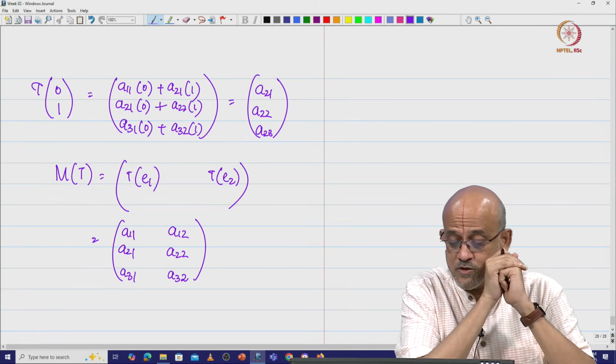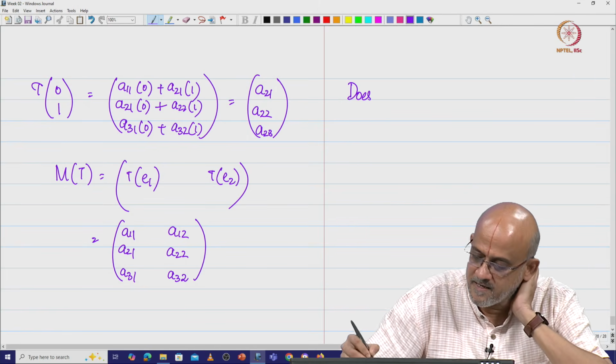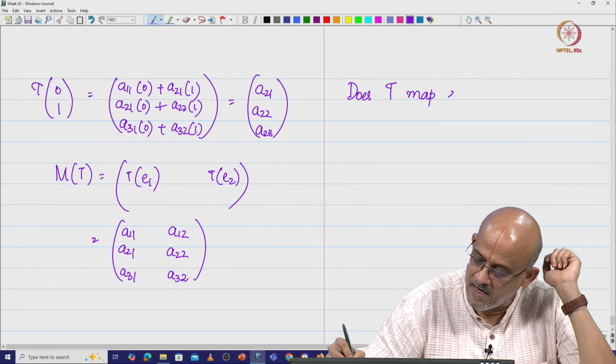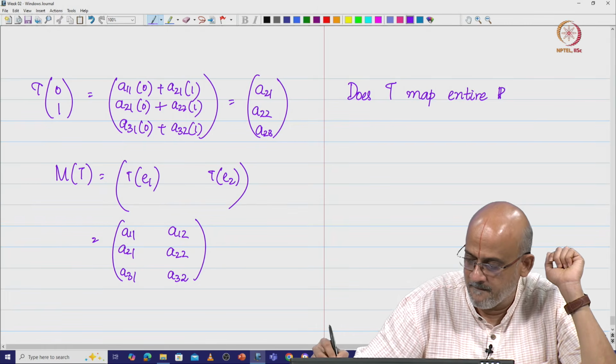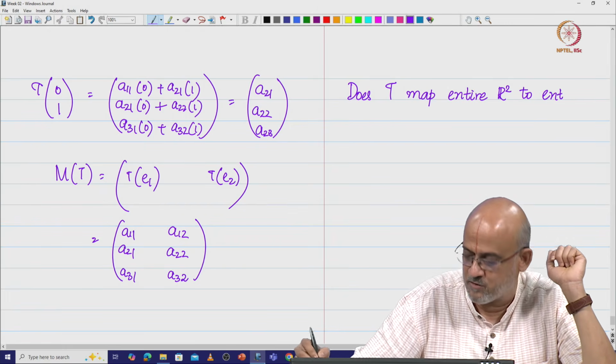There is a problem here. So, the question here is, does T map the entire R2 to the entire R3, or to the whole of R3?